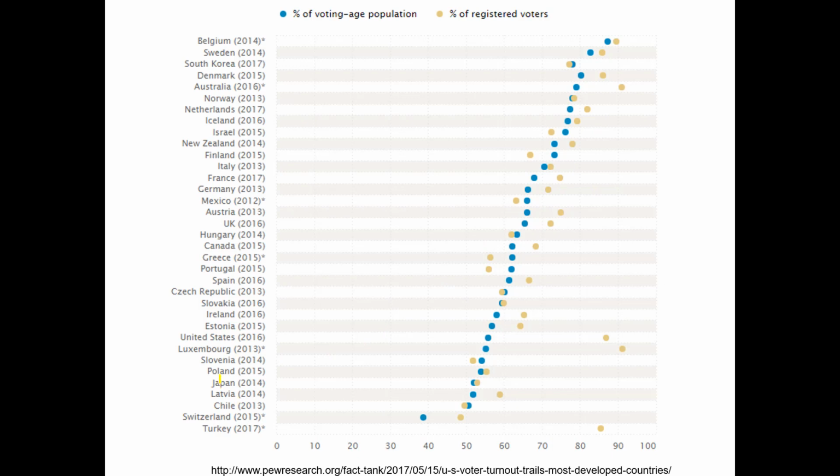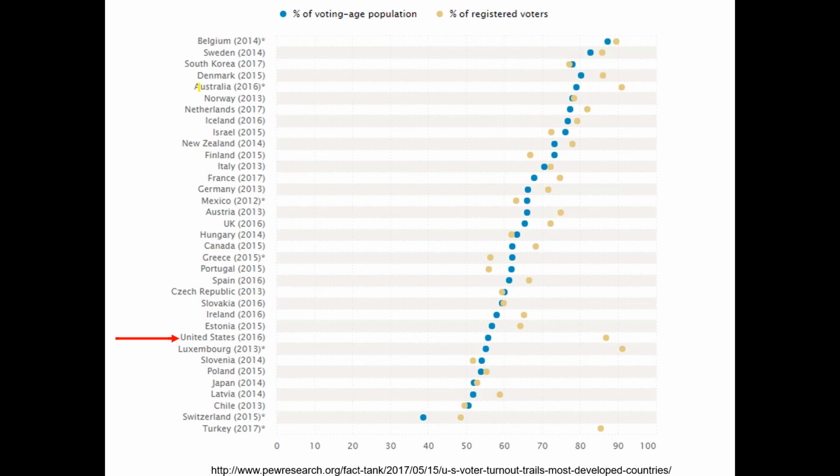When we look at the United States here, fairly low down on the list, around 55% turnout. We do have a fairly high turnout of registered voters. So that shows that when we do make the effort to register, we have a fairly high turnout. But comparatively speaking, we are lower than most other democracies in the world.